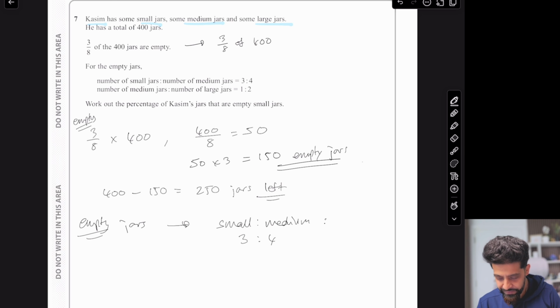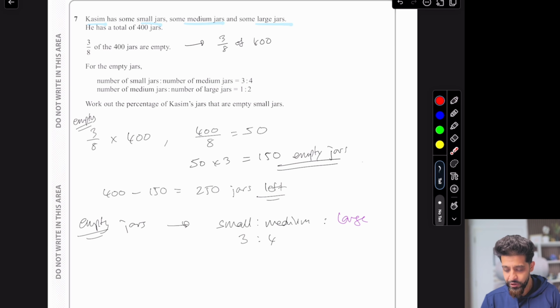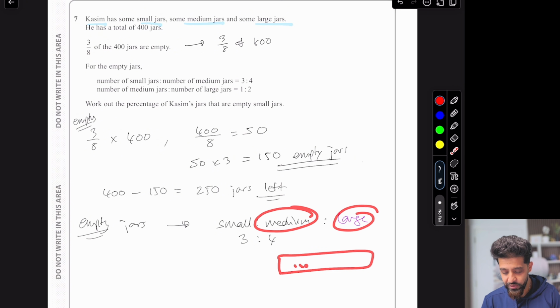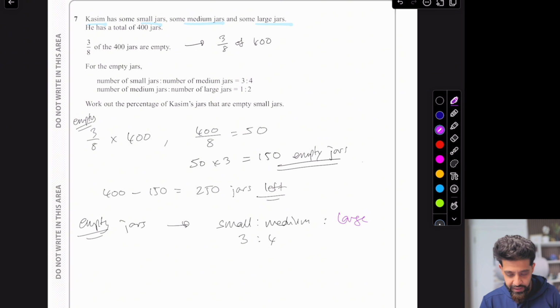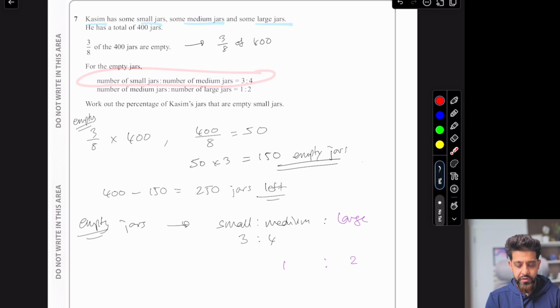So this time, I'm just going to add the large right there. On another line, because it's still comparing medium and large, we are going to do the medium to large comparison, and that is 1 to 2. So just in case I've lost anyone, the first line says small jars to medium jars is in the ratio of 3:4.